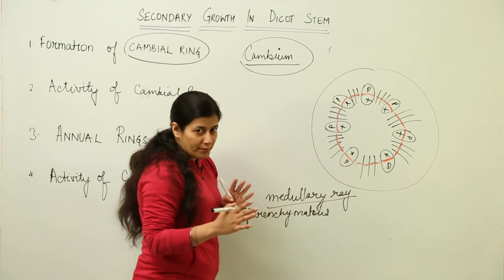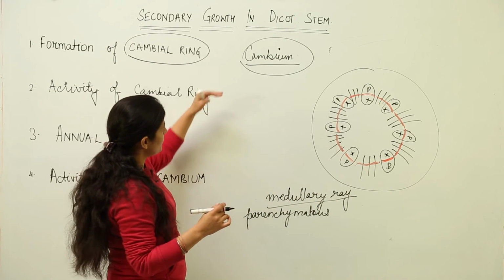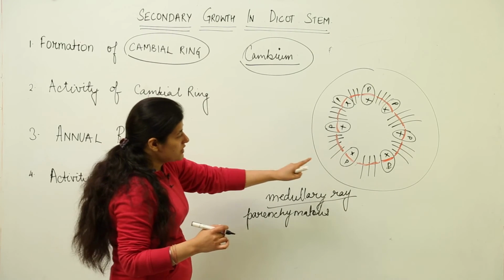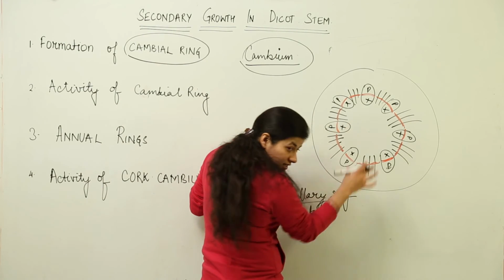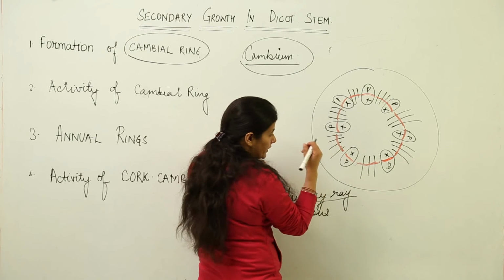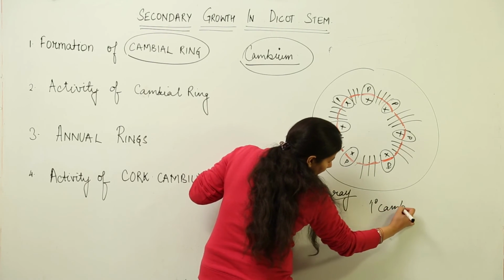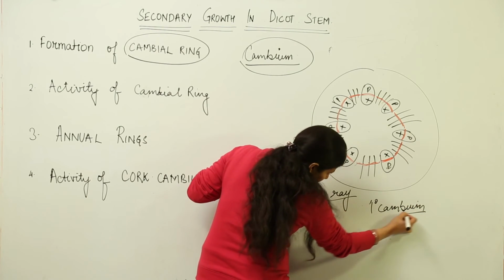Now, what is to be remembered over here before we wrap up this first point where the cambium is formed: this particular cambium that lies within the vascular bundles is primary cambium.